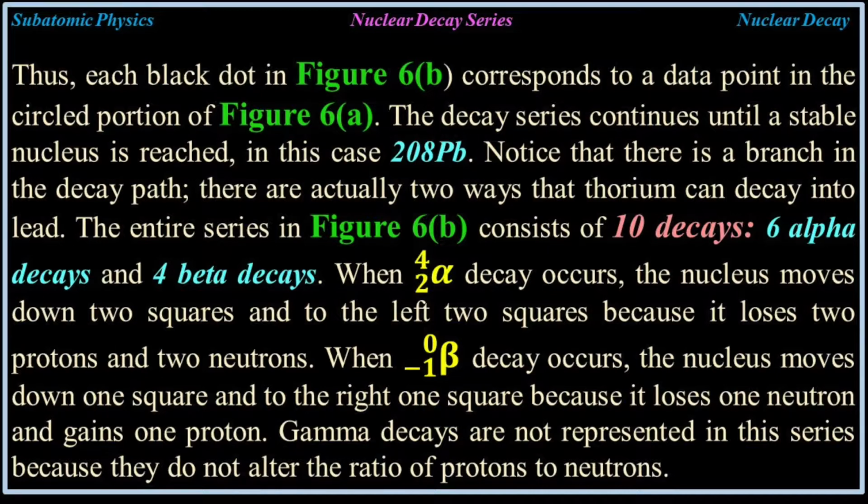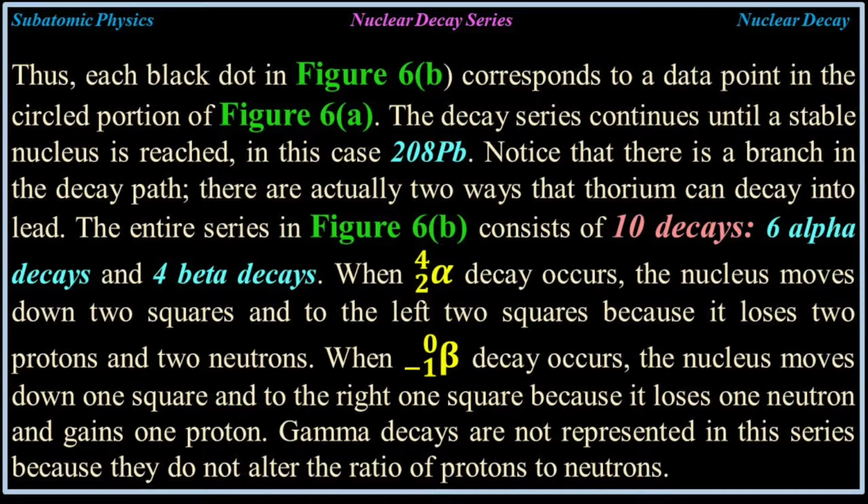When an alpha decay occurs, the nucleus moves down 2 squares and to the left 2 squares because it loses 2 protons and 2 neutrons. When beta decay occurs, the nucleus moves down 1 square and to the right 1 square because it loses 1 neutron and gains 1 proton.